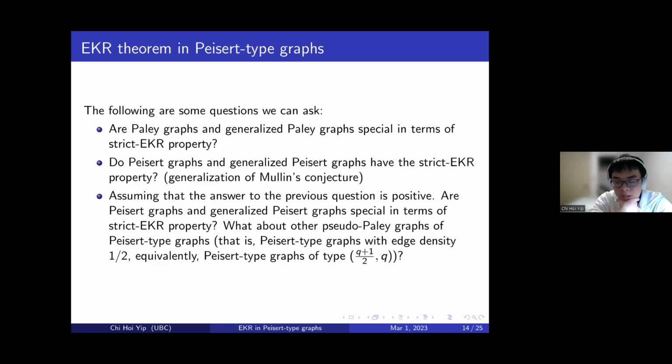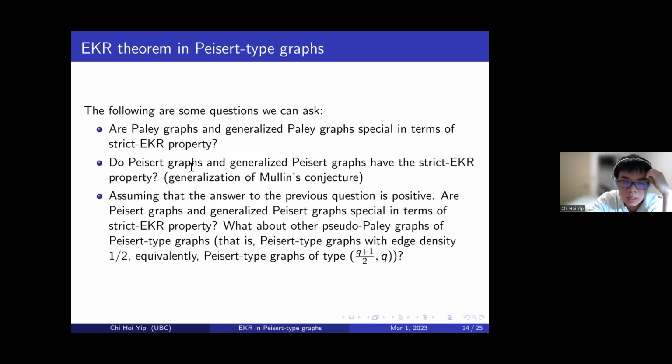Then we can ask if Mullin's conjecture is true, and we can even talk about a generalization of Mullin's conjecture. Equally, we want to understand whether Peisert graphs and generalized Peisert graphs have the EKR property.